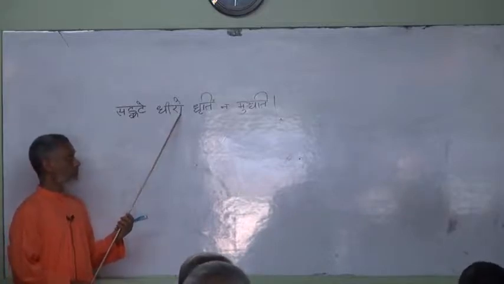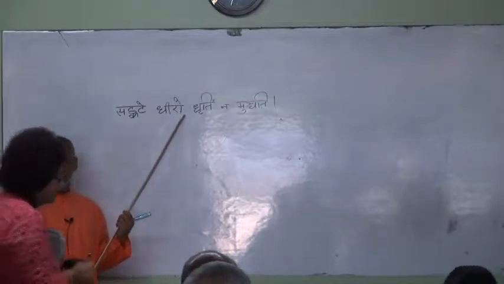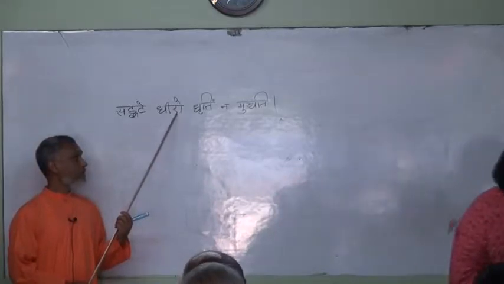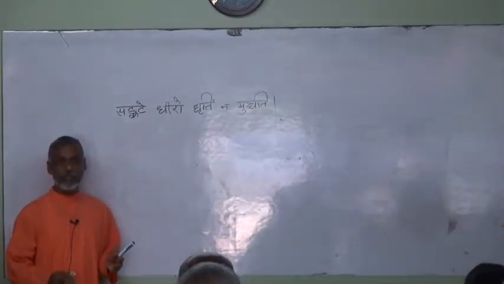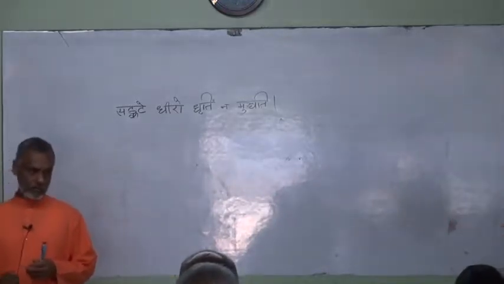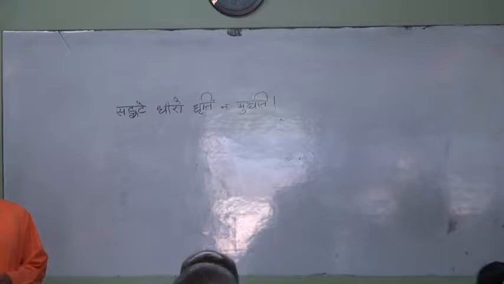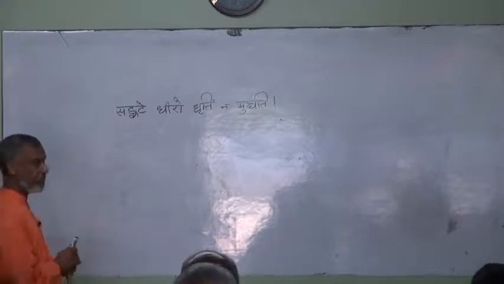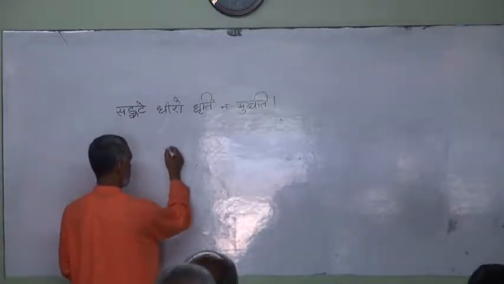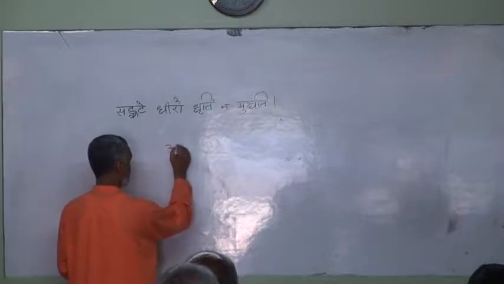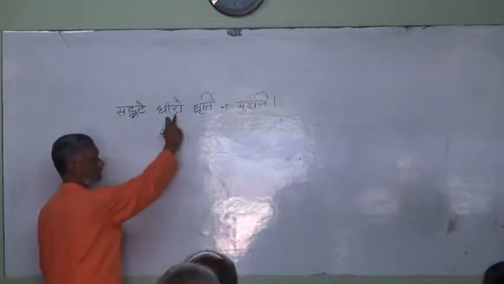Right. So here is supposed to be a Visarga, right? The Visarga is preceded by what? Preceded by a. There's an a there or not?